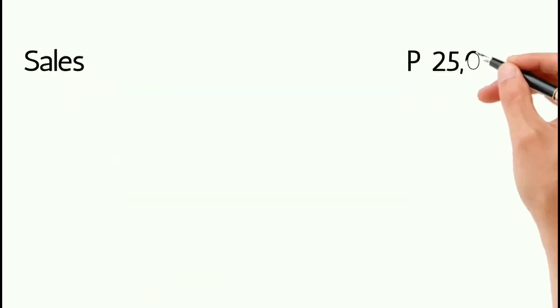I-check na natin kung tama yung break-even point in units na 1,000 units at break-even point in pesos na 25,000 pesos. Dapat ang lalabas na profit or loss ay 0. Kasi nga, at the break-even point, walang profit at walang loss.